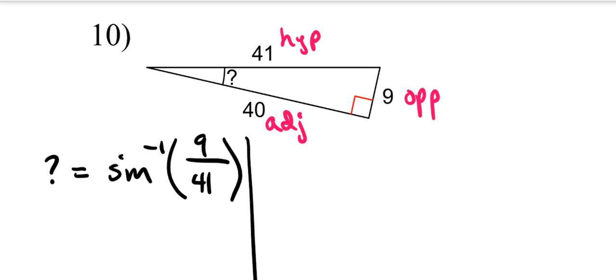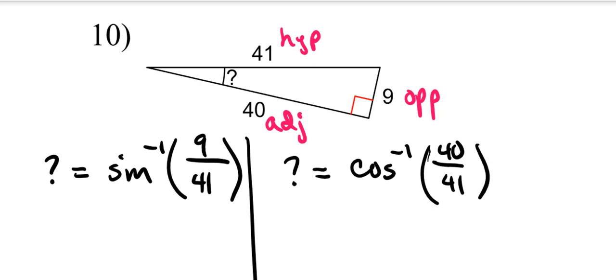Another option, say I wanted to use arc cosine. My angle theta would be equal to arc cosine, cosine with that little -1, and my ratio for cosine is adjacent over hypotenuse, so that'd be 40/41. I could also use arctangent.